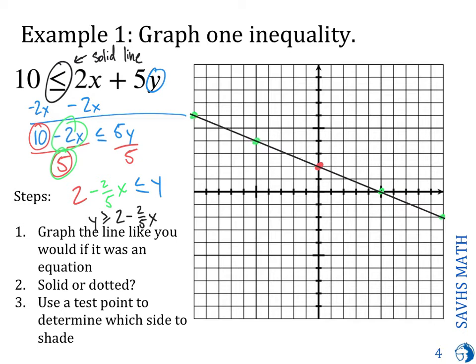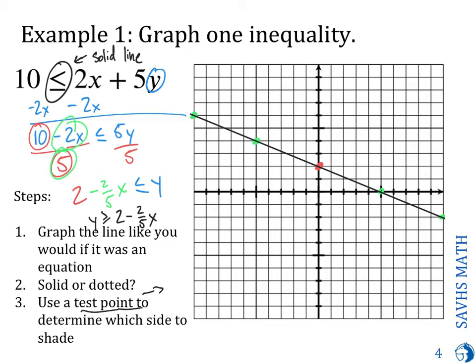There we go. Then the next step is to figure out which side of the graph to shade. Do I need to shade up here or down here? That's the question at this point. I'm going to suggest you put in a test point.